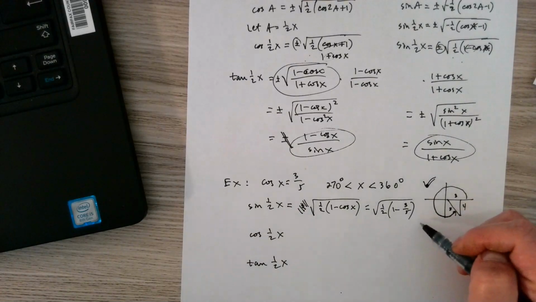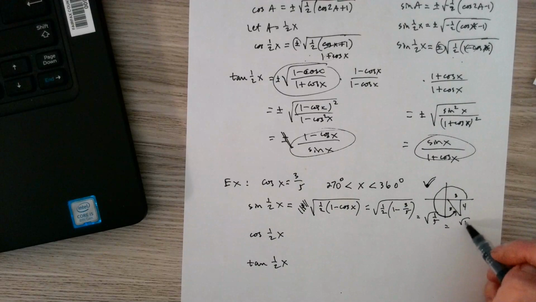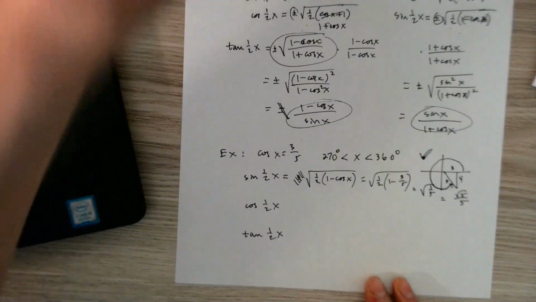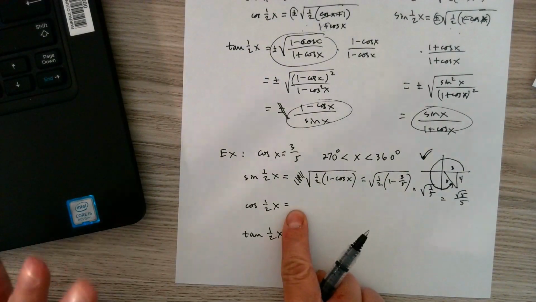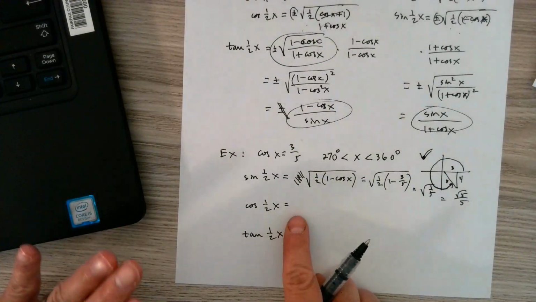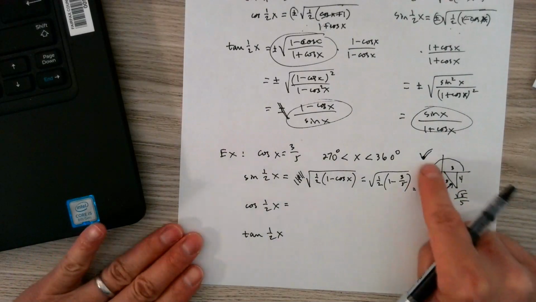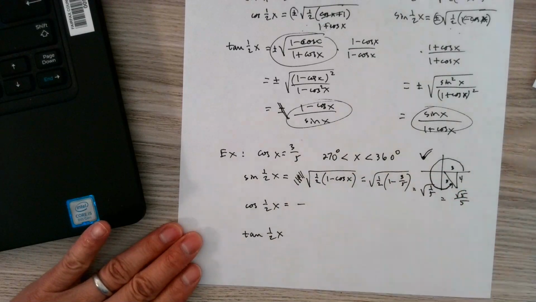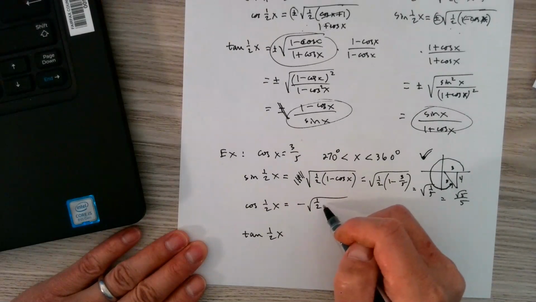And that is radical of 1/2 times 2/5, so that's radical of 1/5, which is radical 5 over 5 if we're going to rationalize. Okay, now cosine of 1/2 x. Okay, let's take care of the sine first. So we just determined that the half of this given angle is in quadrant 2, and the cosine in quadrant 2 is always negative. So this time we've got a negative sign before the radical.